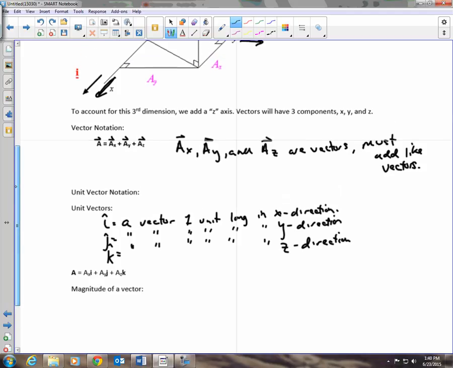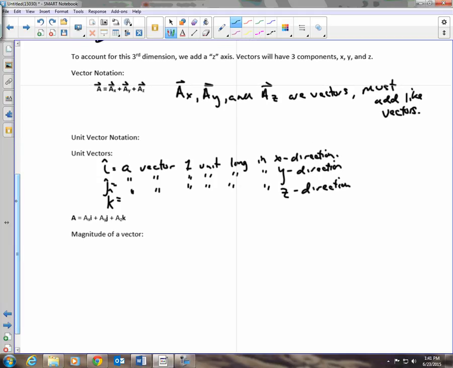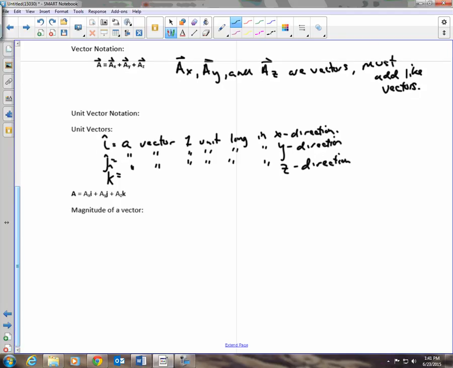So this vector up here that I would have said is ax plus ay plus az, I can say it's a scalar ax in size multiplied by i, because i is in the x direction, okay, and then ay in the j direction, and so on.